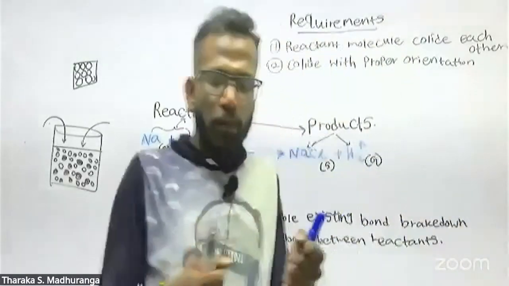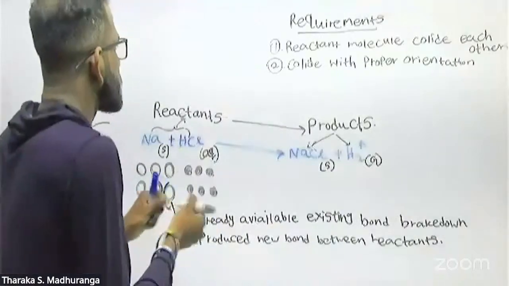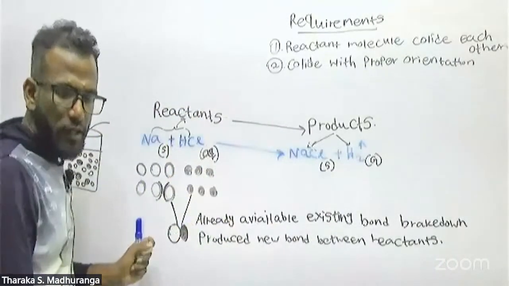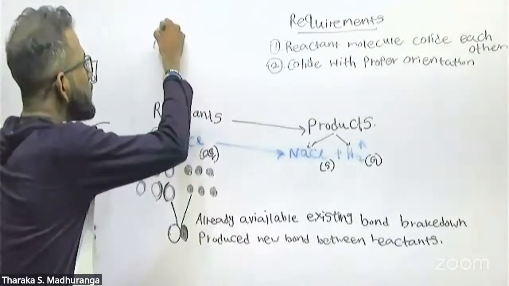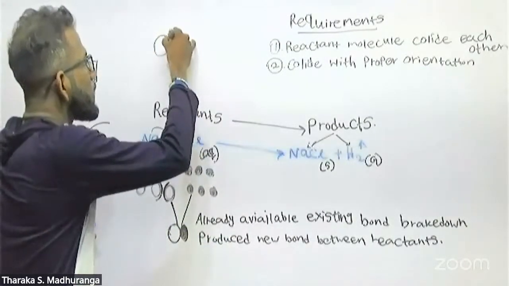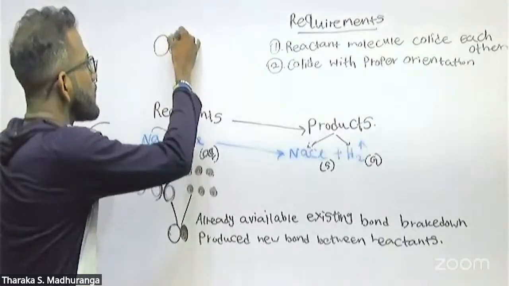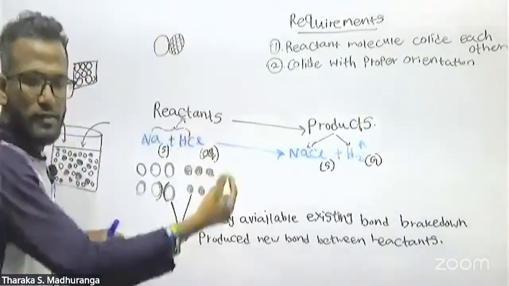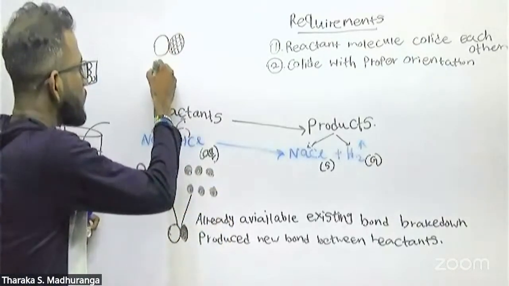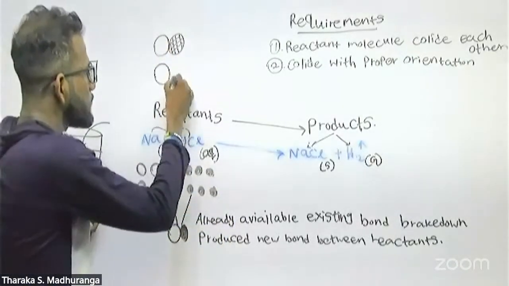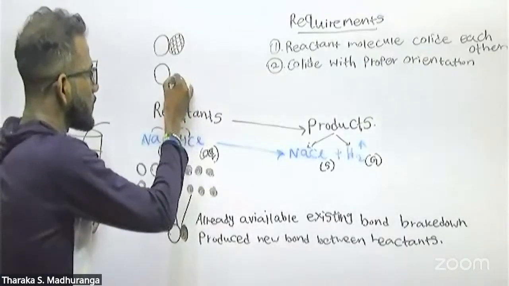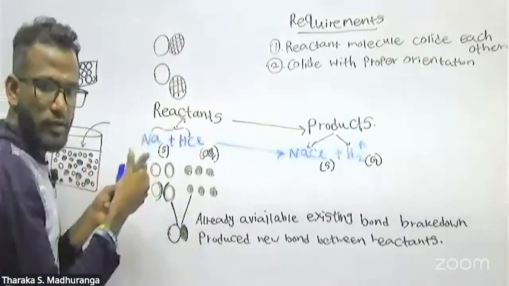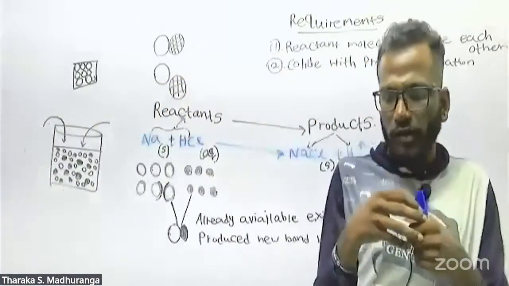Proper orientation means like this. These two reactant molecules should collide with proper orientation like this. Think these two molecules react like this. I shaded them to identify the two molecules separately.